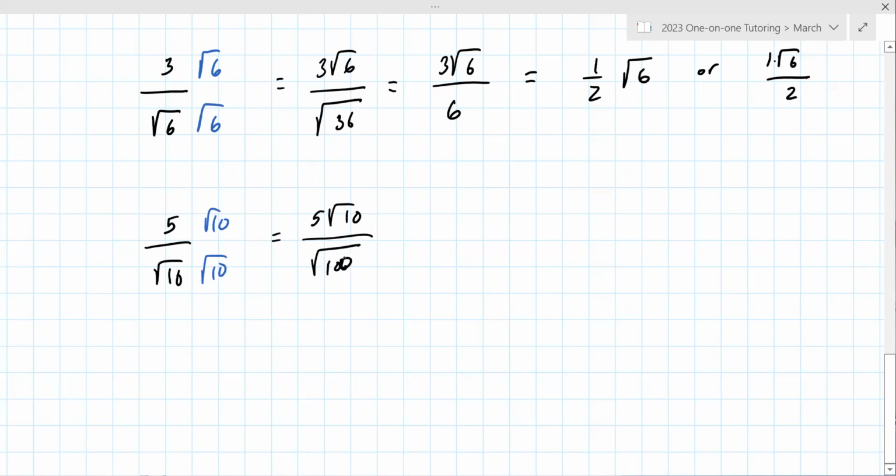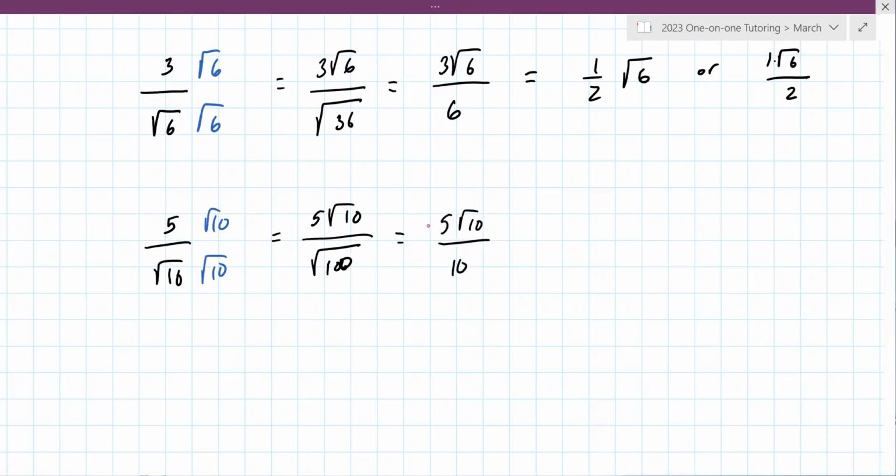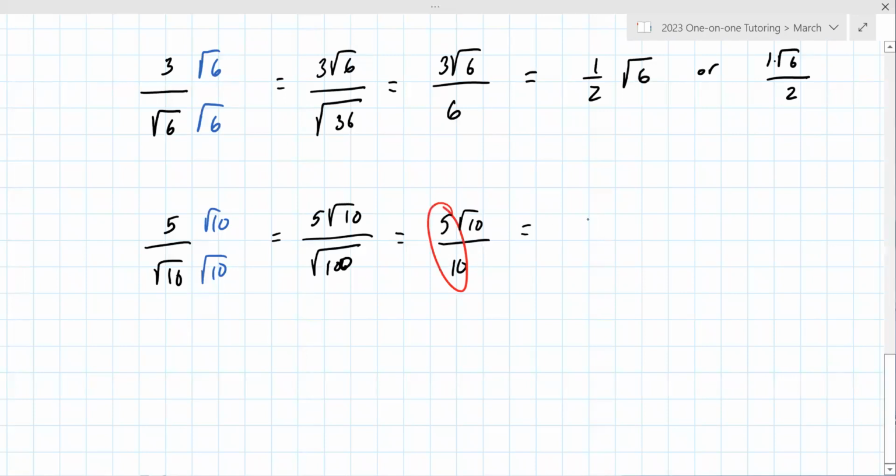Does that look similar to what you have? Yeah. What is the square root of 100? 10. So now it's 5 over 10. What does that become? 1/2. Okay, yeah, I didn't break down the 100 after that part.